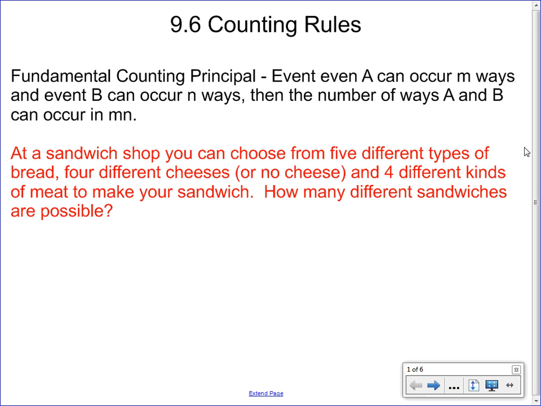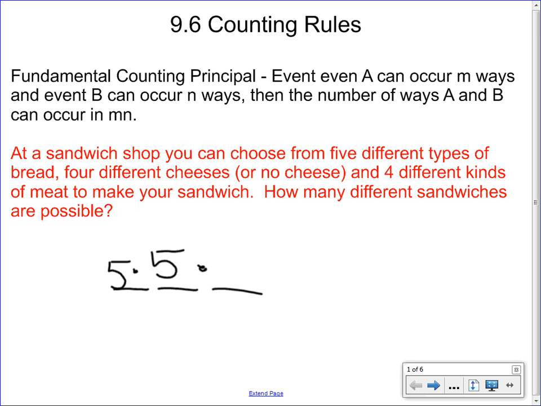Okay, so what I like to do, we have 3 different types of things to make our sandwich, right? How many types of bread? Times how many types of cheeses?